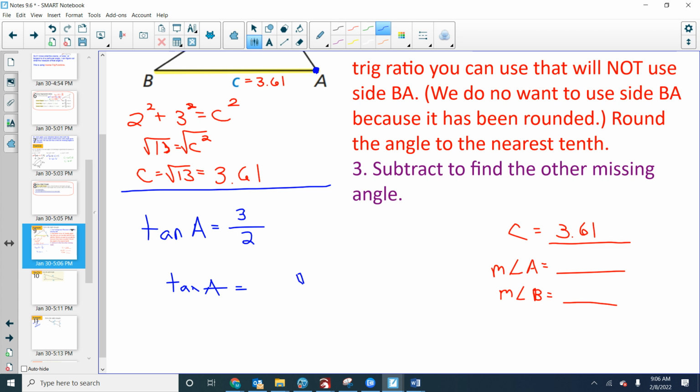This is so maddening. All right, tangent inverse. Tangent.